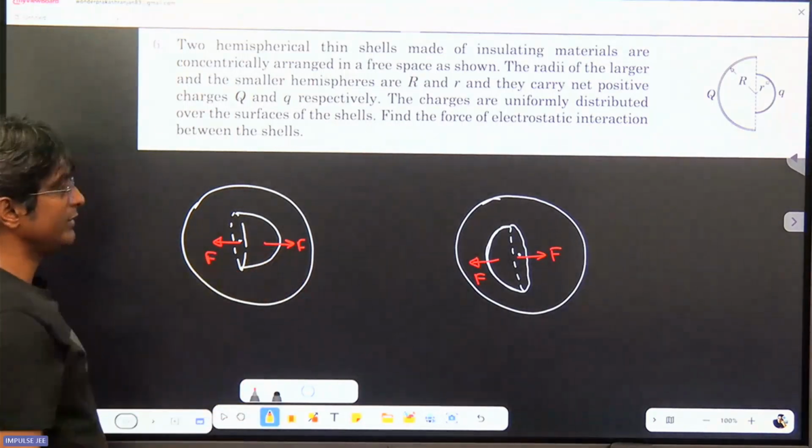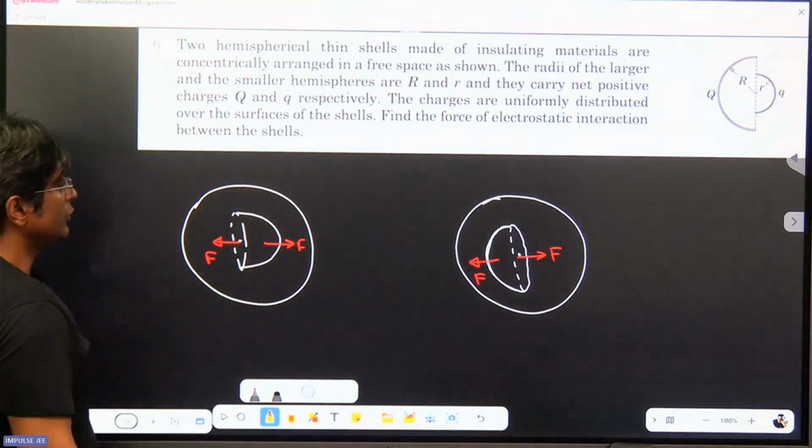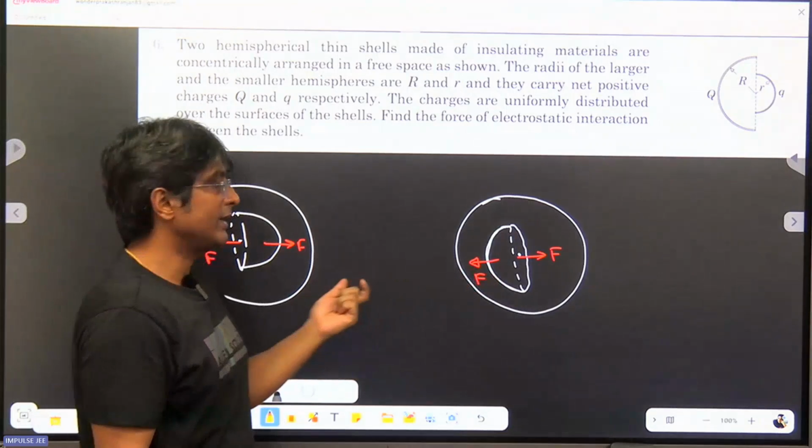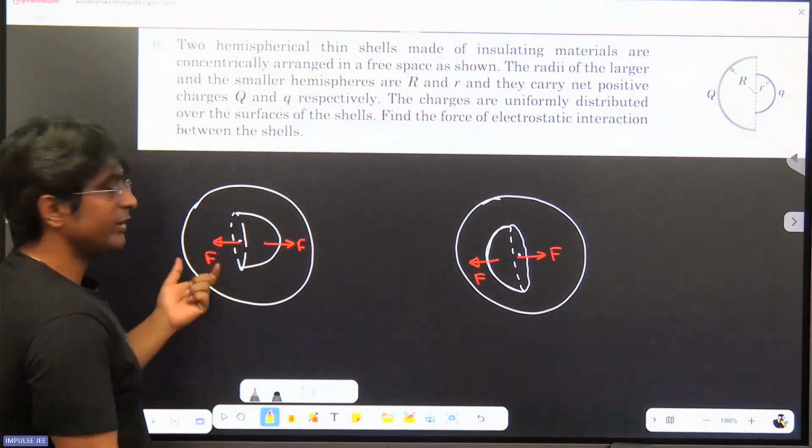So this F is going to be cancelled out. If we flip it like this or like this, it remains the same, and now we have to take advantage of this information.